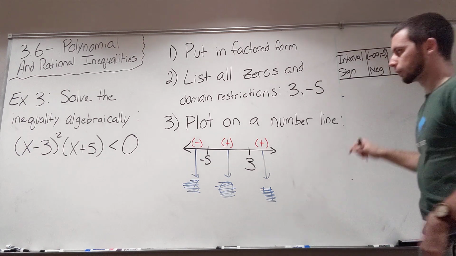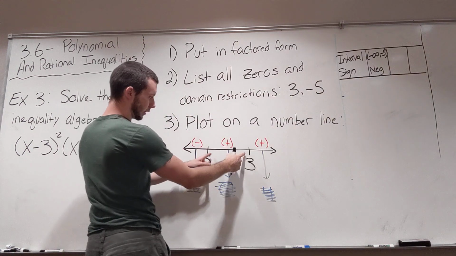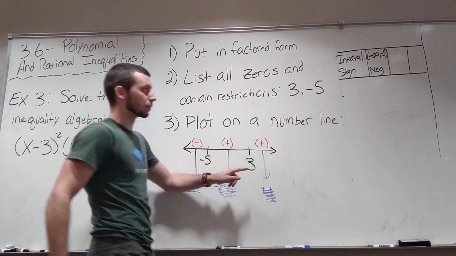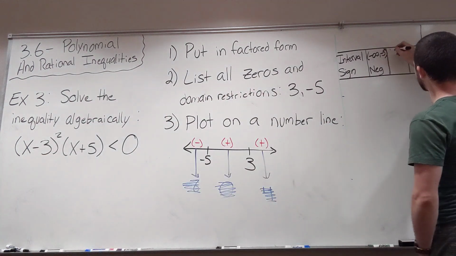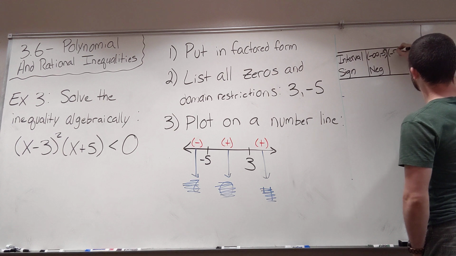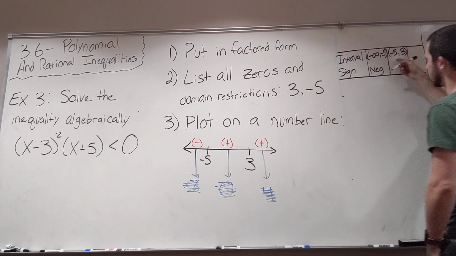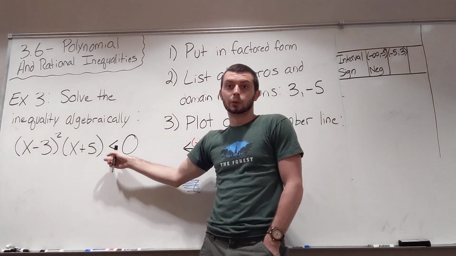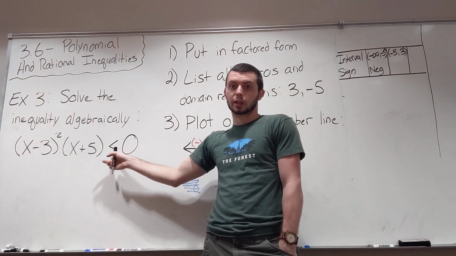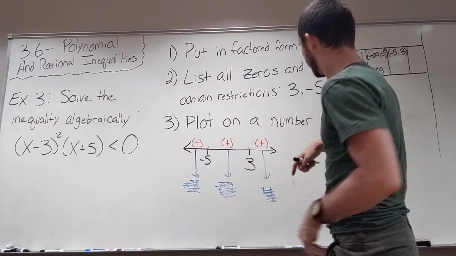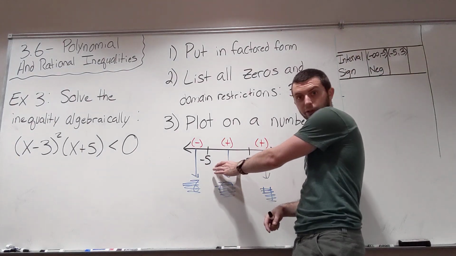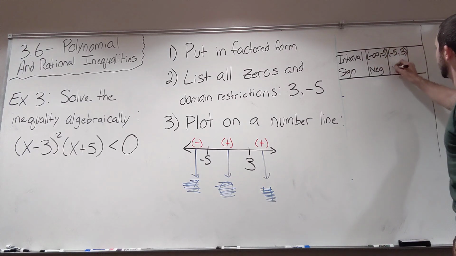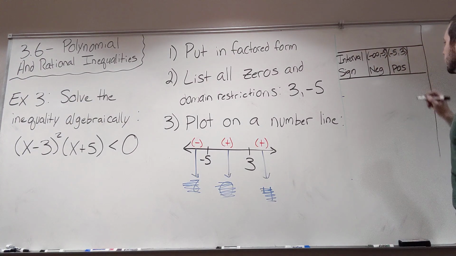For the next interval, well, the next interval is this one here, from negative 5 to positive 3. So we'll go ahead and put exactly that down. And again, we're using parentheses simply because they are excluding the equality to the ends. So that's the next interval, and that interval is positive. So you would put positive here.